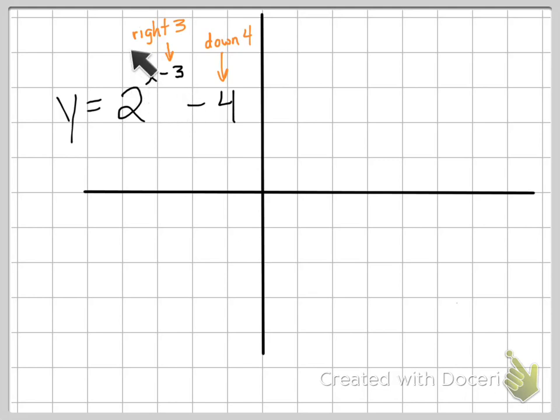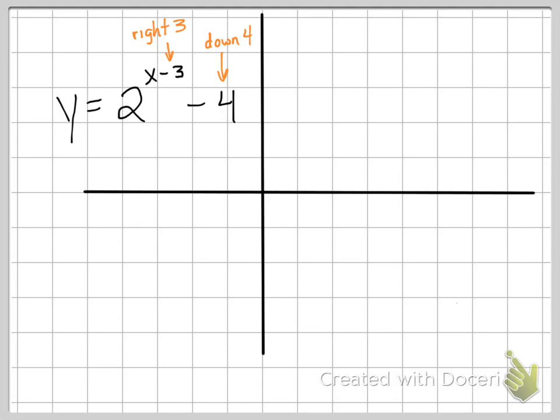Okay, so just because I don't have parentheses, or just because it's up here in the exponent, okay, it's always inside the function. So this minus 3 is my h, telling me that I have to shift everything to the right 3. Okay, and this minus 4 is outside the function, telling me that that's my k, so minus 4 tells me down 4.